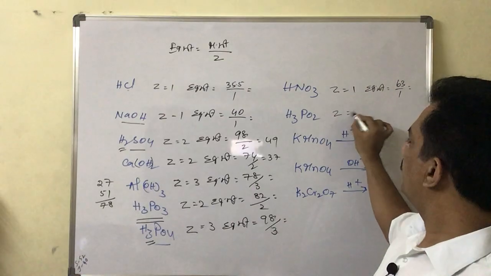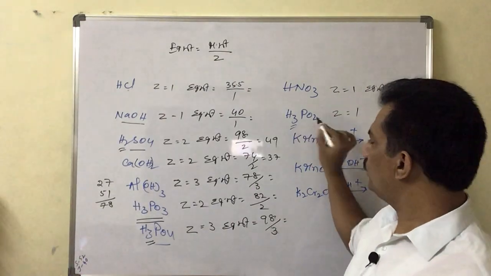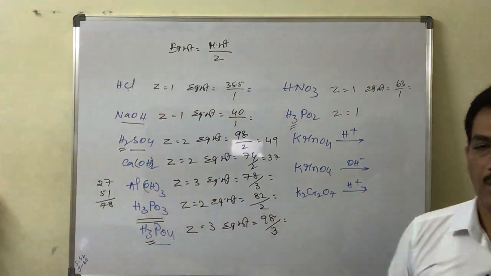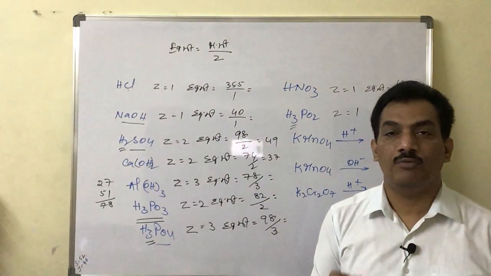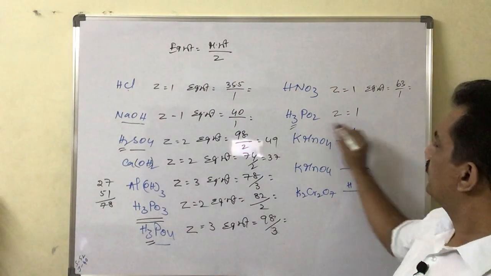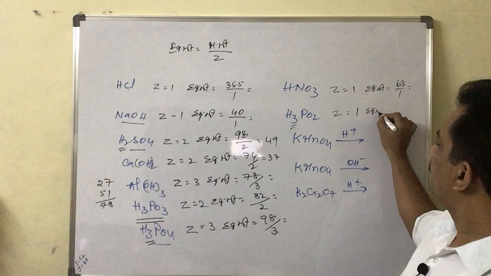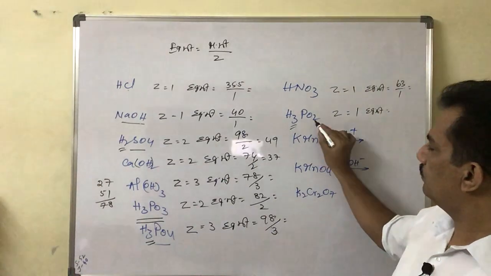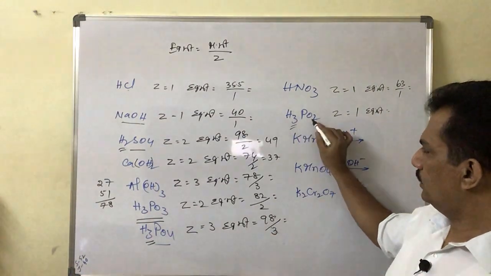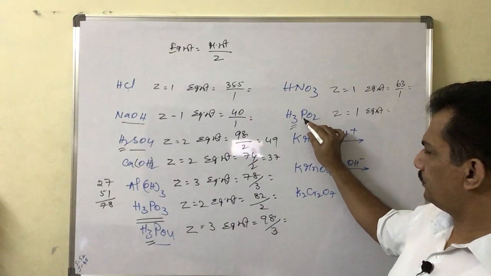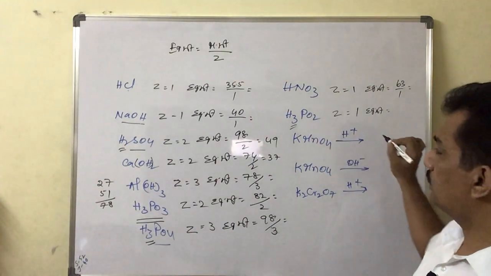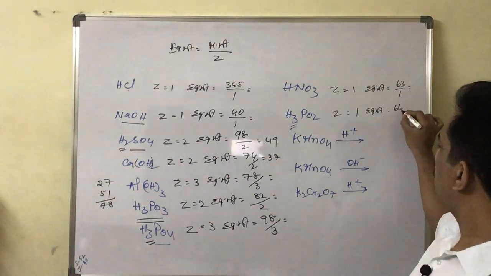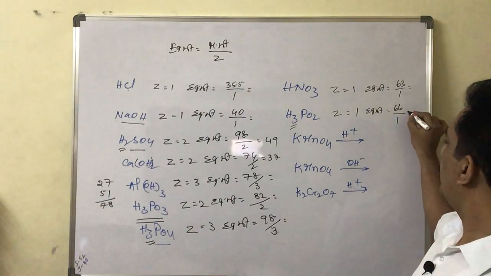For H3PO2, Z is only 1 because only one hydrogen is replaceable, so the equivalent weight is 66 by 1.